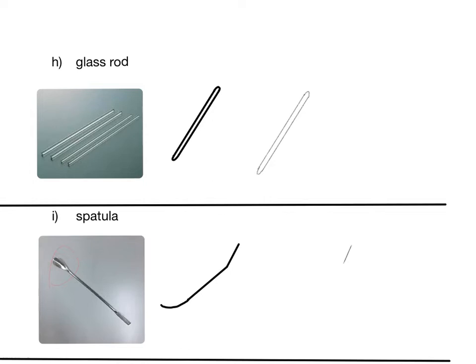Oh, there's a broken line here. So you have to make sure that, and the final part, you can no longer use the ruler. Okay, it's a spatula.